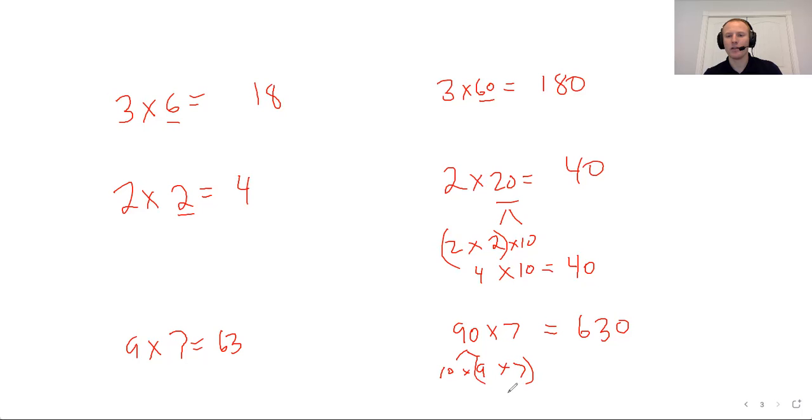If I group the 9 and the 7 together first, I get 63 times 10, which is 630. And again, to review why, I'll pull it off to the side. 63 times 10. Well, I take my 63 and I make that the first portion of my product, and then I take that 0 from the 10 and put it behind the 63 to turn that into a 630.